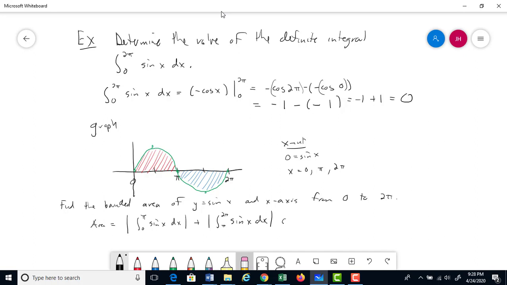Now the first part's positive, so this absolute value is redundant, but you might not know which one's going to be positive, so you just add the absolute values between all these x-intercepts. So we're going to have to find the antiderivative of each one of these.